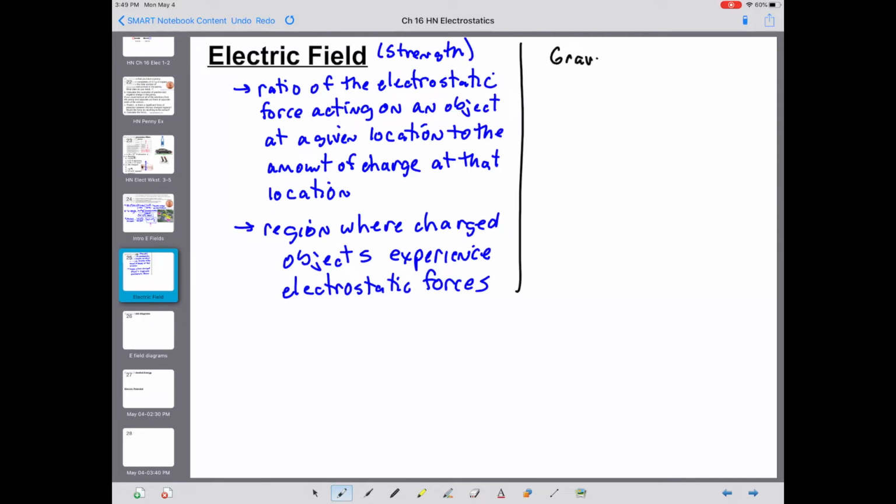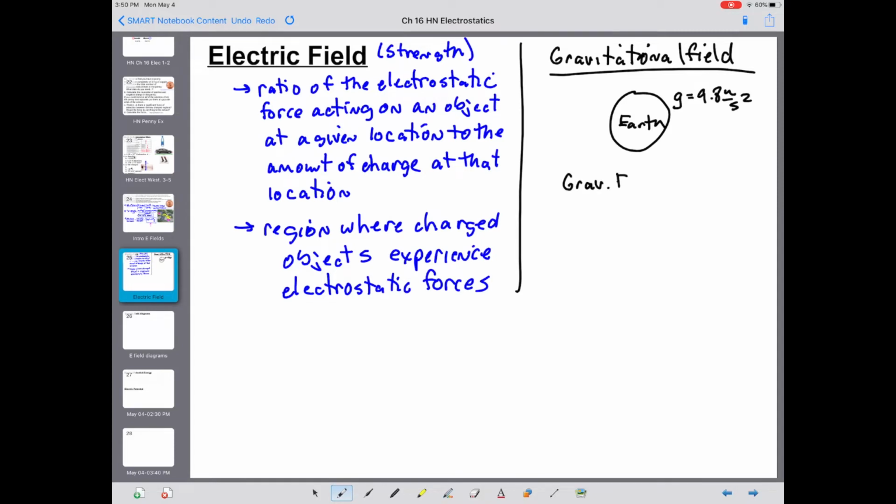By analogy, we've talked about a different field before. We've talked about gravitational fields. And a gravitational field, for example, exists around Earth. So when we have Earth here, we know we have gravity. Near the surface of the Earth, gravity has a value of 9.8 meters per second squared. But then to be able to calculate the gravitational force acting on an object, that would be the object's weight.